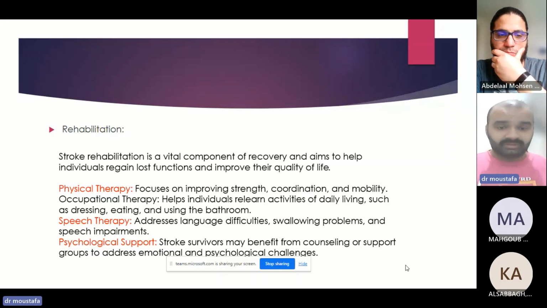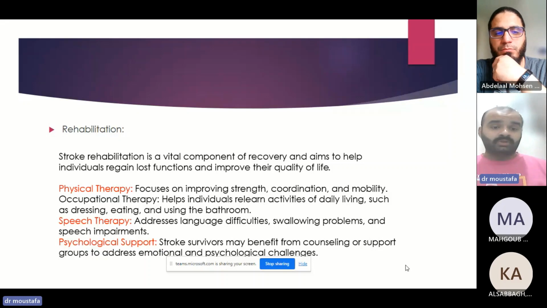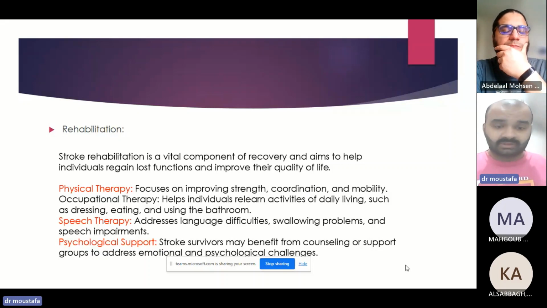Also, occupational therapy will help to adjust his household, like if there are stairs at home or anything, he needs to make adjustments at home. At this time we'll need to involve occupational therapy.